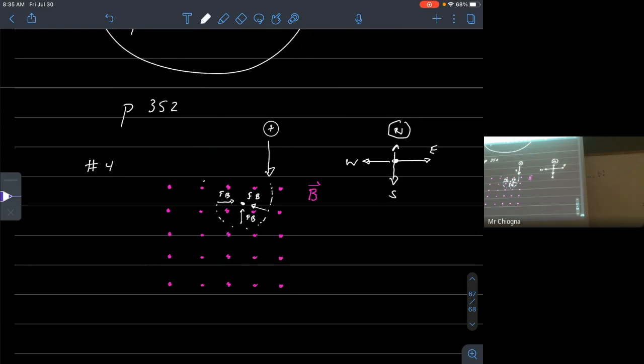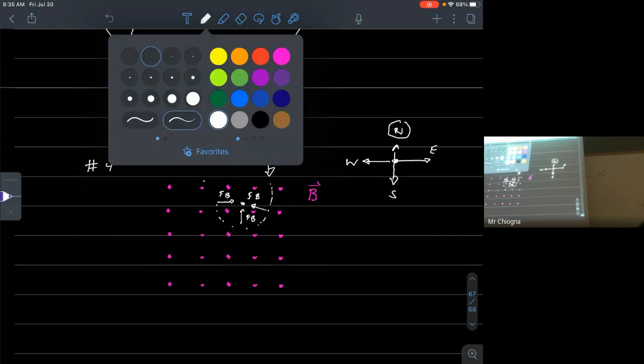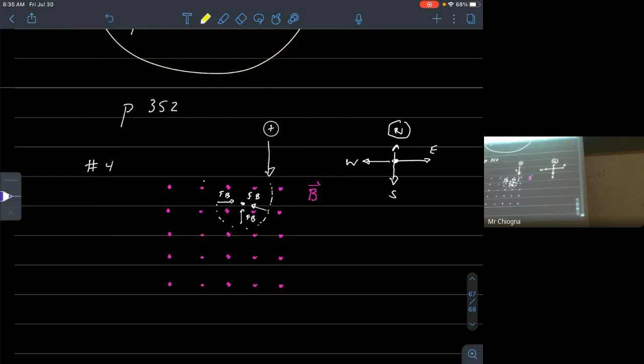So the velocity will be perpendicular. Let's say this is the velocity here. Recolor it in yellow. Velocity is there. It's tangent to the circle, perpendicular to the force at each point. I know the force, by the nature of this magnetic force, always acts perpendicular to the velocity.